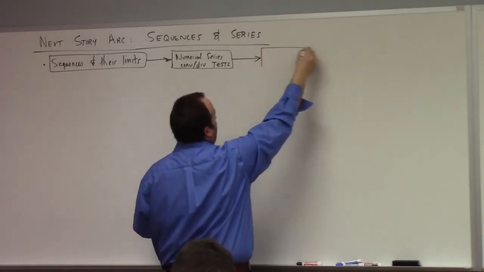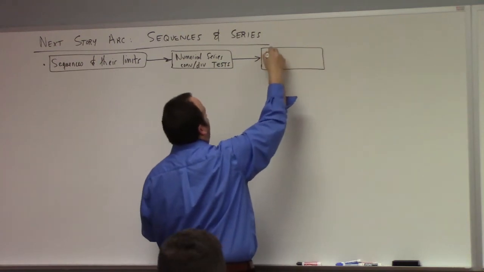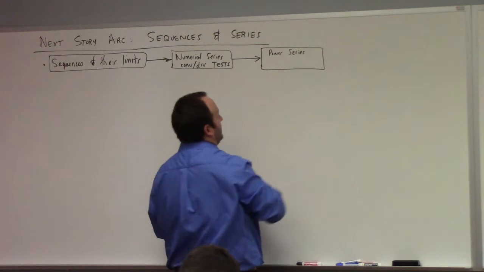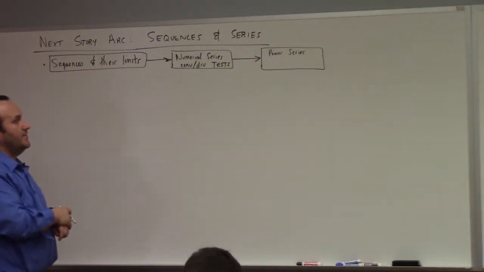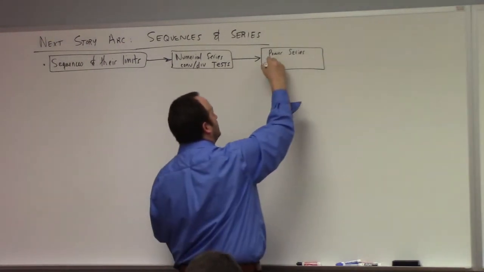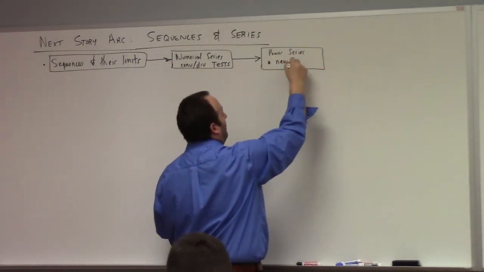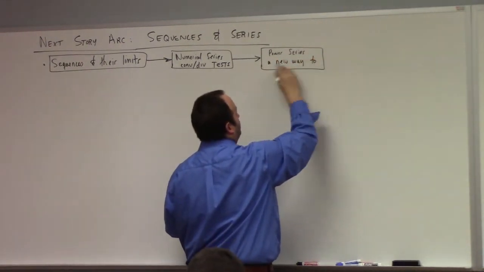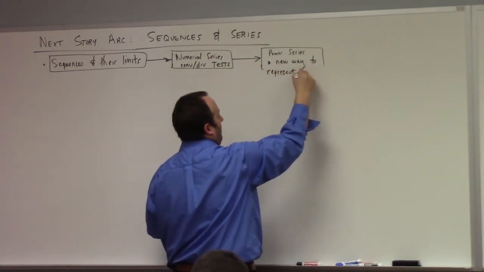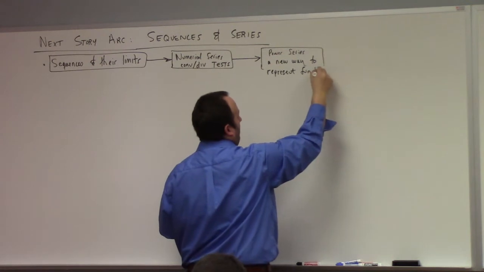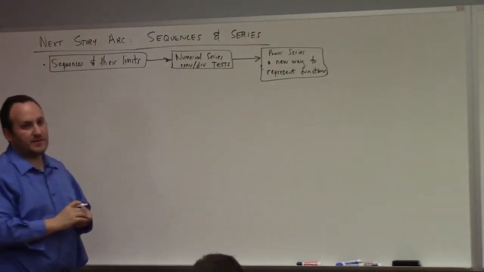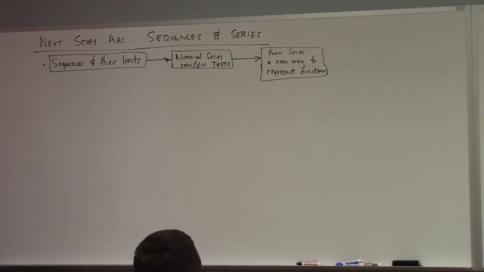And then after that, we talk about power series. Power series are a new way to represent functions. And so this is where we talk about the Taylor and the Maclaurin series and things like this.